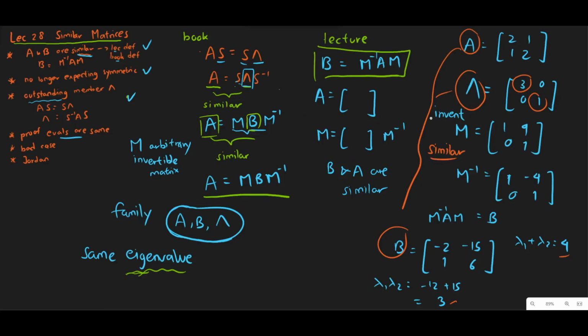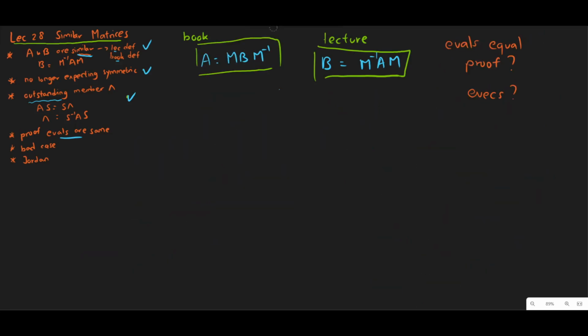So let me delete some of this, and then I want to prove to you the eigenvalues of B being equal. Let's continue on with proving the eigenvalues being equal. And this proof will also show what happens to the eigenvector. Let's start right away with the definition in the lecture.